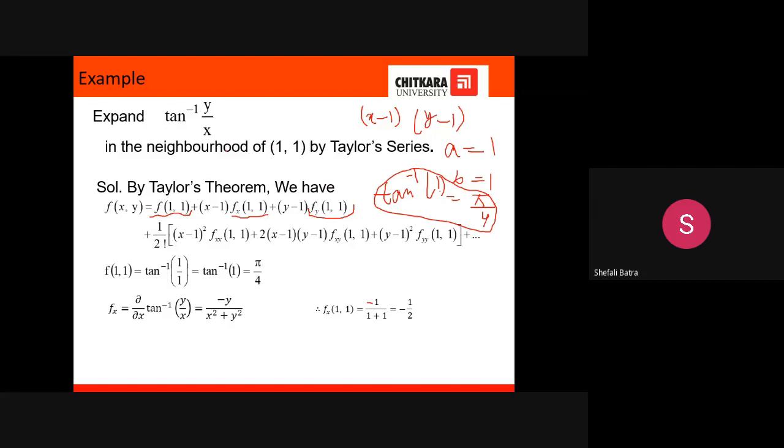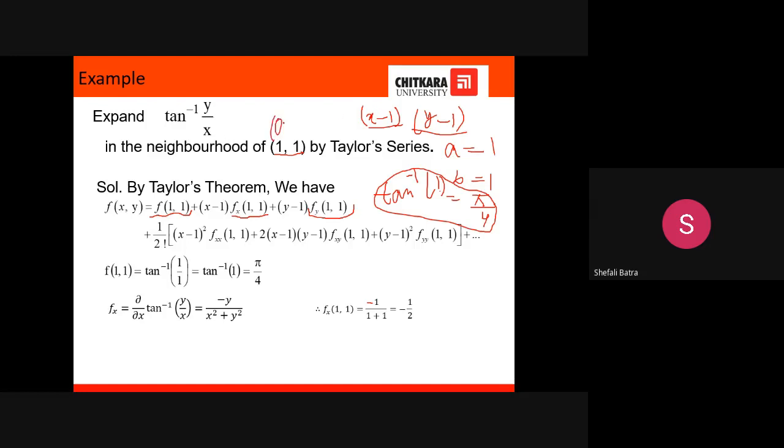Were you confused by the neighborhood? Yes ma'am, here I could not make out that I have to take x minus 1. But I think I have explained to you. Anyways, whenever it is written in the neighborhood of 1 comma 1, it means you need to expand this function in powers of x minus 1 and y minus 1.